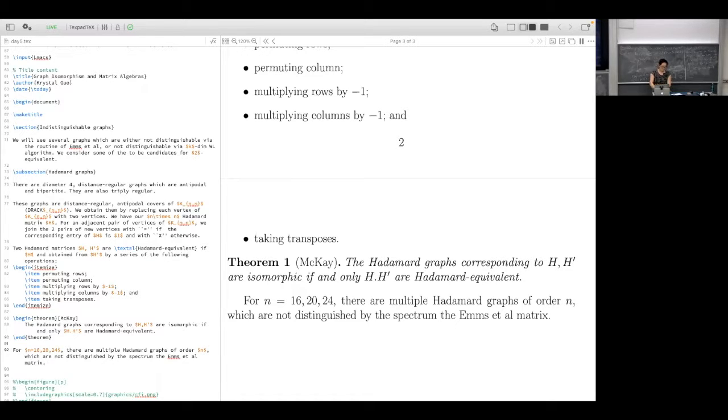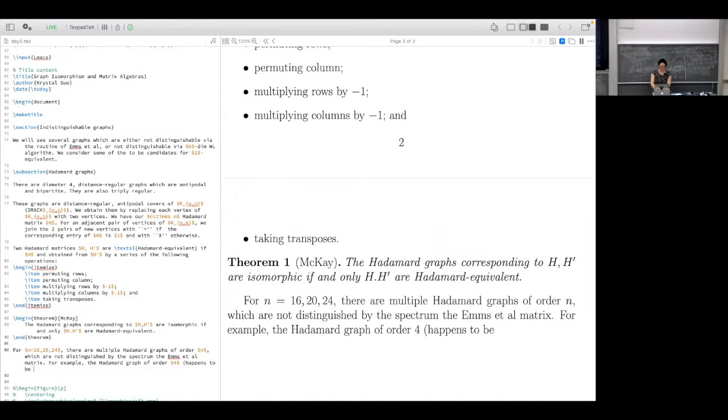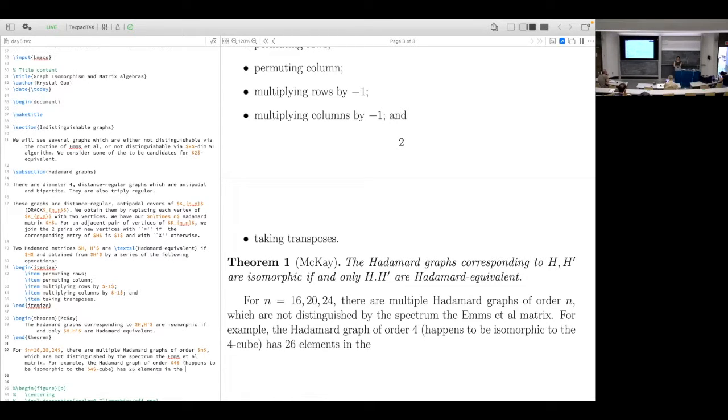So the Hadamard graph, isomorphic to the 4-cube, has 26 elements in the 0,1 basis of its second extension W. I don't know if you want to do some numerology. I was not able to compute the next order because it's large.